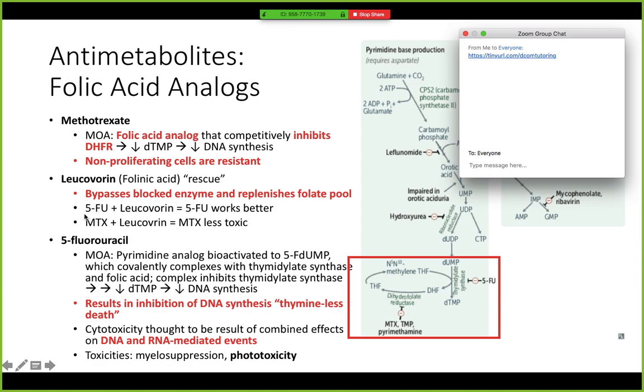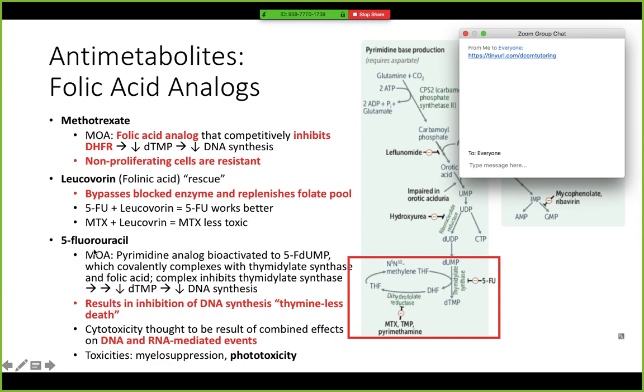She also mentioned that by giving leucovorin with methotrexate, you're making methotrexate less toxic by replenishing the folate pool. But if you give leucovorin with 5-fluorouracil, you're simply making 5-fluorouracil work better.